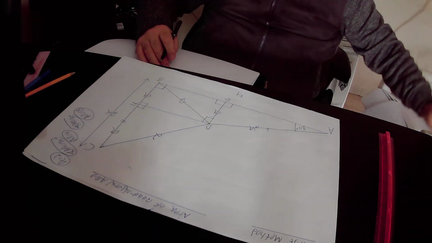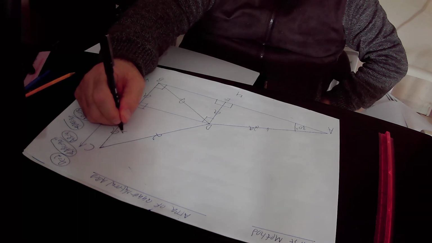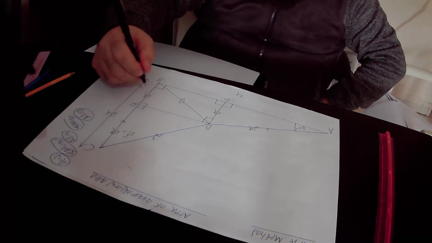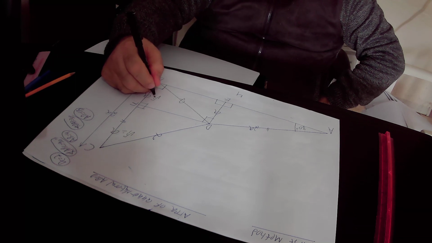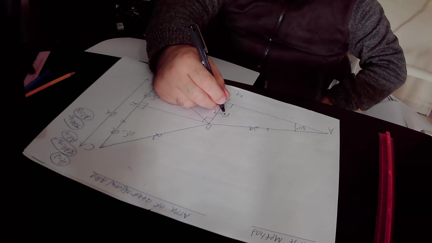So here we found out that a equals square root of 3 units. Here also a equals square root of 3 units. And here also a equals square root of 3 units.